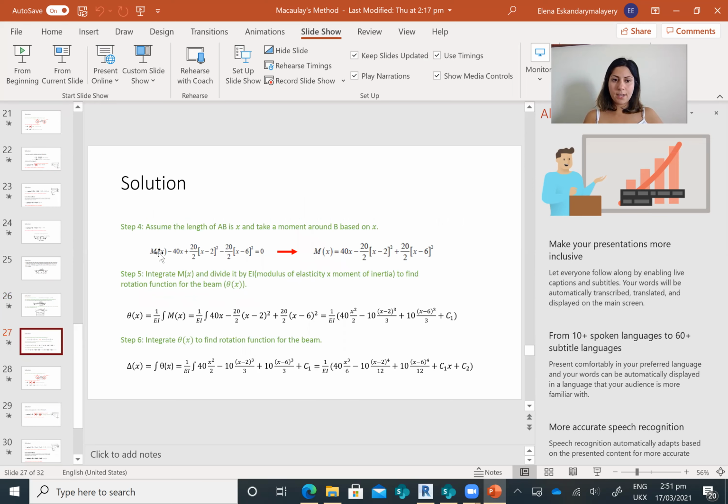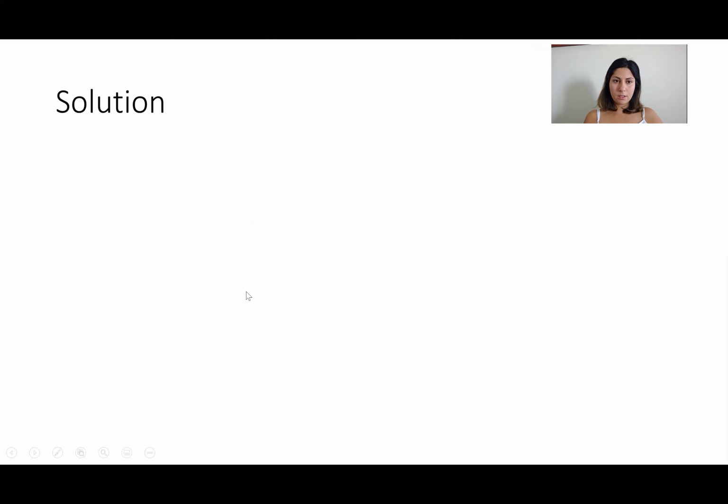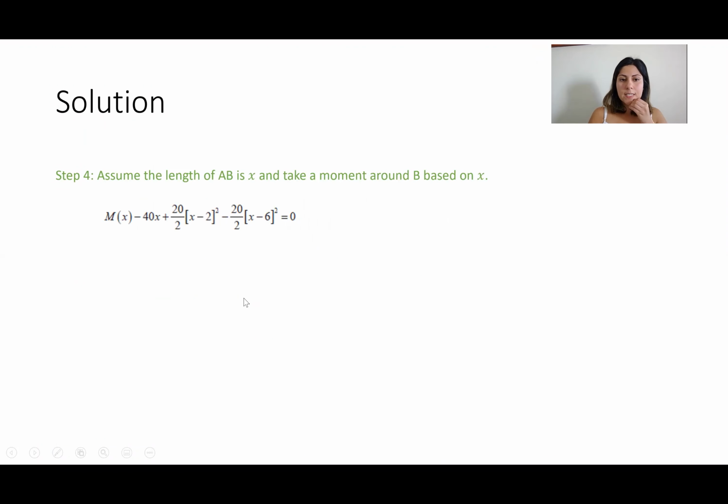So you can see here we have mx minus 40x, which is the support reaction at A, plus 20 times x minus 2 times x minus 2 divided by 2 minus 20 divided by 2 times x minus 6 times x minus 6 divided by 2.